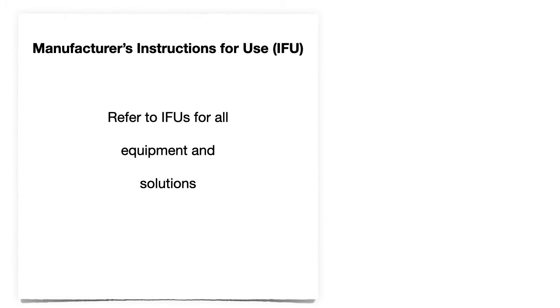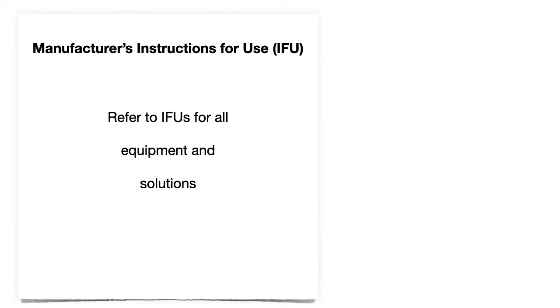And the other one is called manufacturer's instruction for use. So every manufacturer provides an instruction for use about how to use a particular piece of equipment and also how to take care of it. So these are two important documents that every endoscopy technician should be aware of.